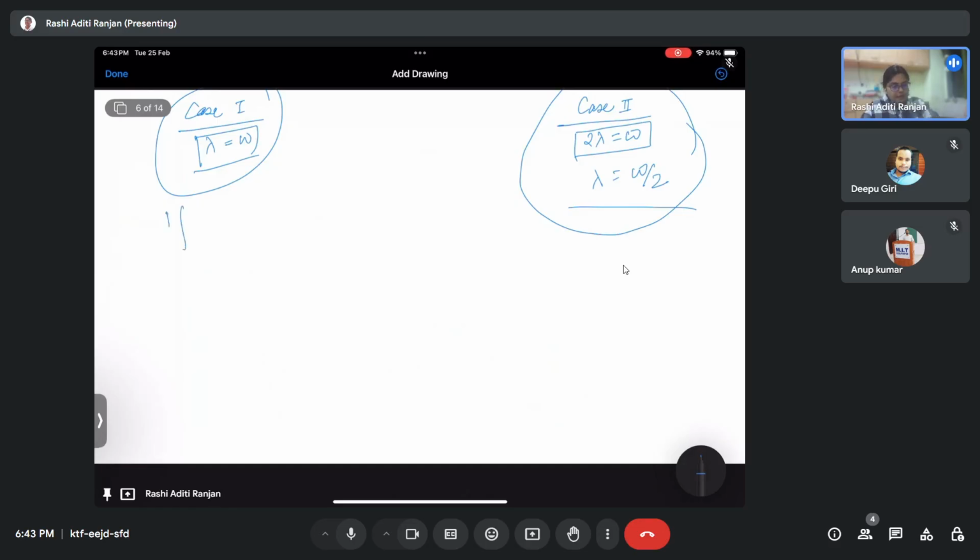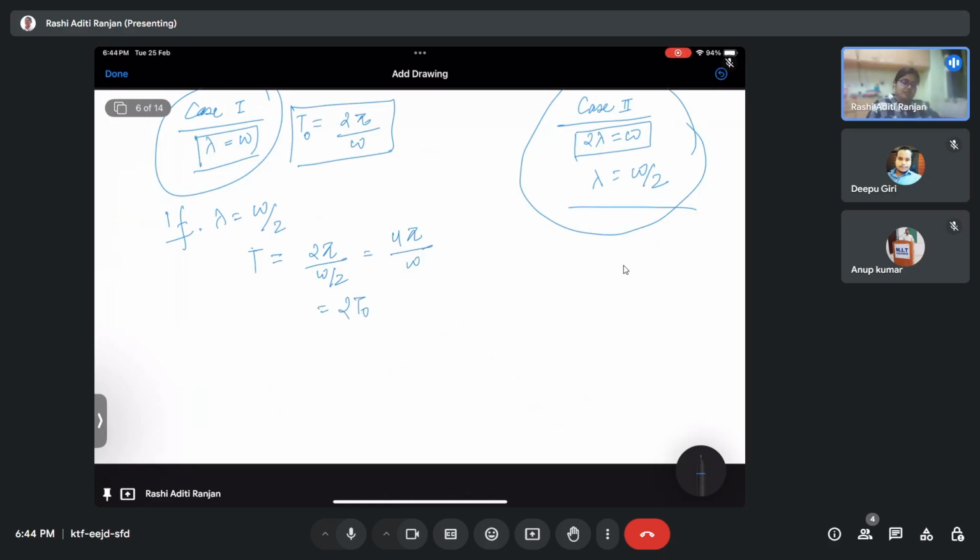If lambda equals omega, my time period is going to be 2 pi by omega. Let us call it T naught. If my lambda is omega by 2, my time period is going to be what? 2 pi by omega by 2, which is 4 pi by omega, which is nothing but twice of T naught, right?